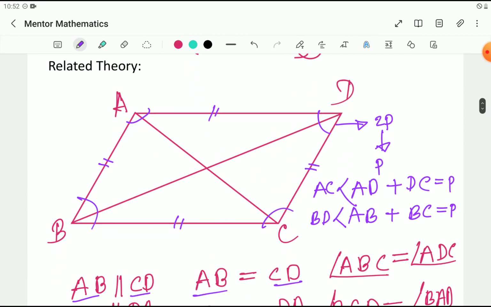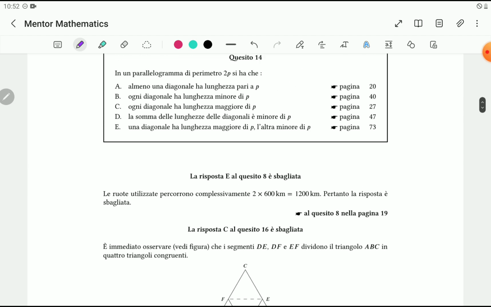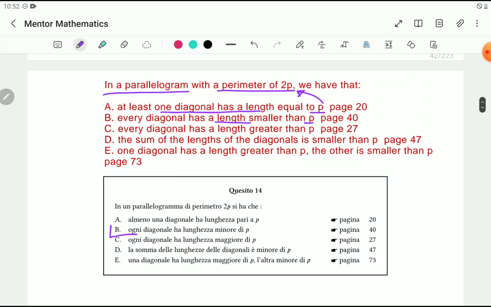That is right actually. So this diagonal is smaller than p. The diagonal AC or diagonal BD is also smaller than half of the perimeter, which is actually p, BC plus DC. Therefore option B is correct. This is our answer.